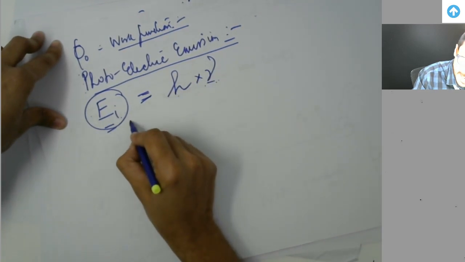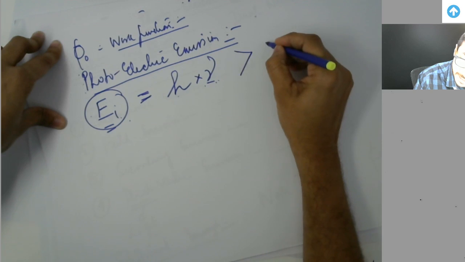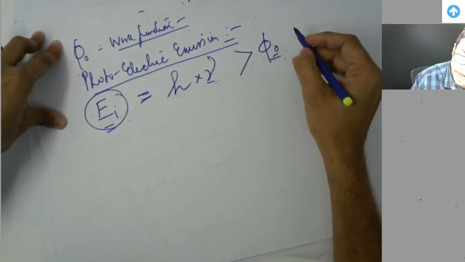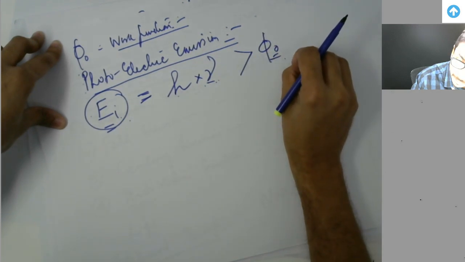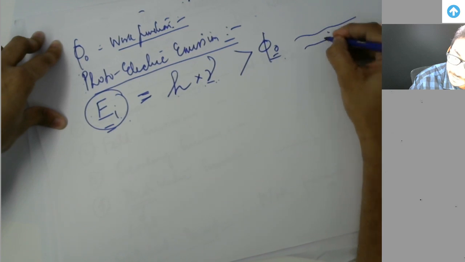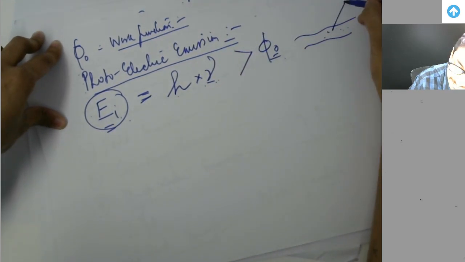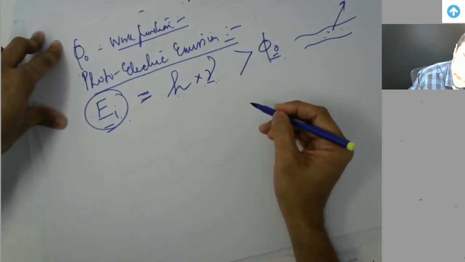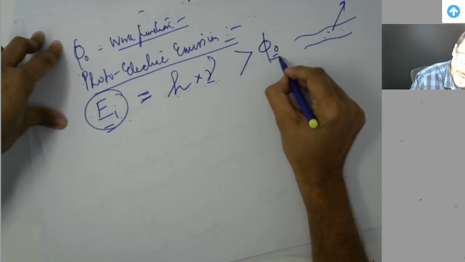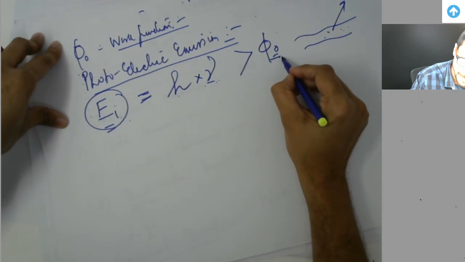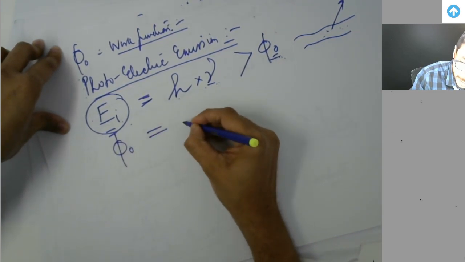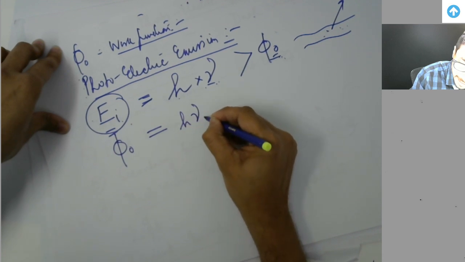If this energy is greater than the work function, then only the electrons within the material will have energy to absorb and be emitted. So the minimum energy that we are providing is phi 0, that is the work function. So we can write phi 0 equals h nu 0.